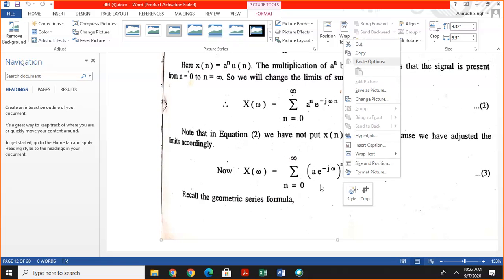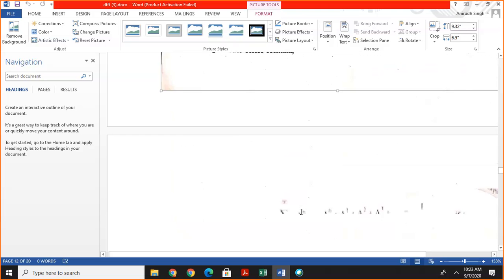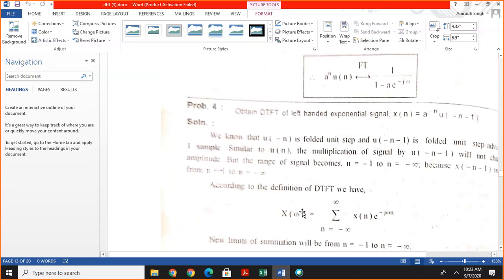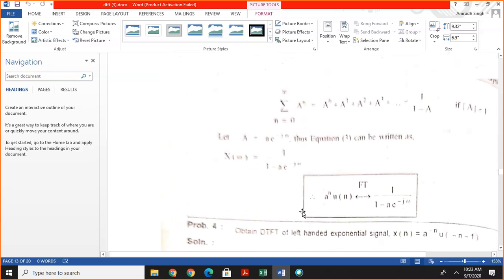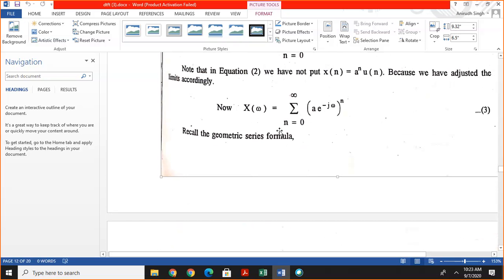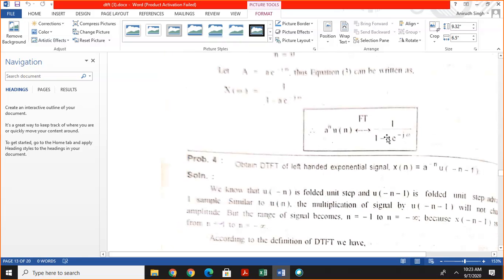This expression can be written like this, and this is a geometrical series, so we can calculate the sum of this geometrical series, which is given by 1 by 1 minus a exponential minus j omega.